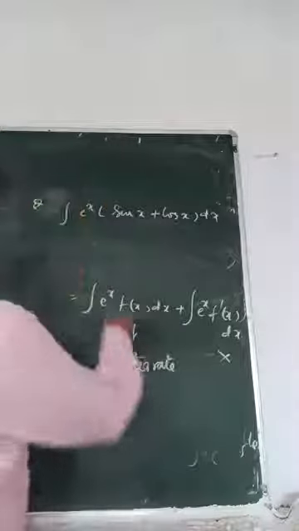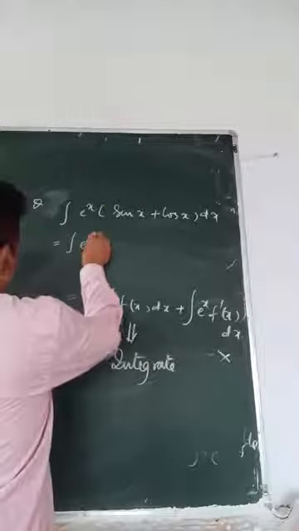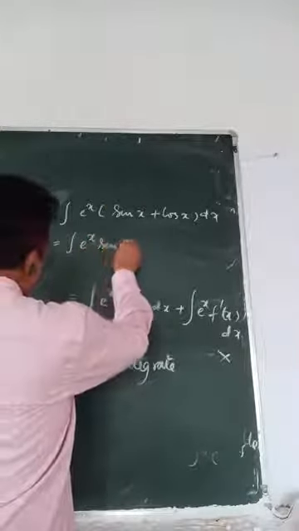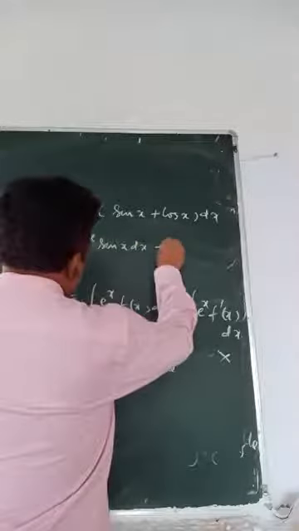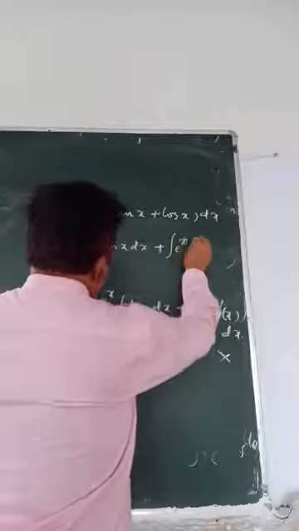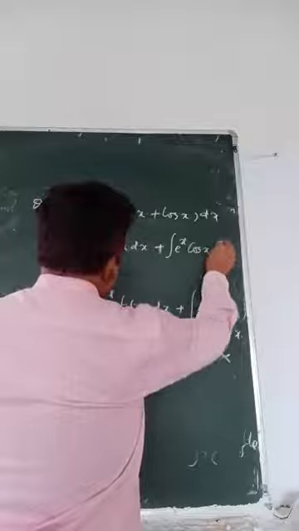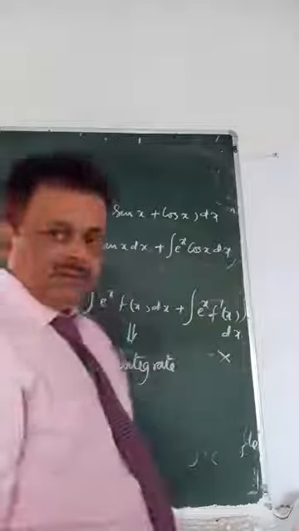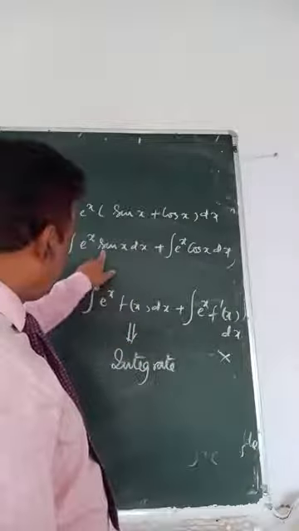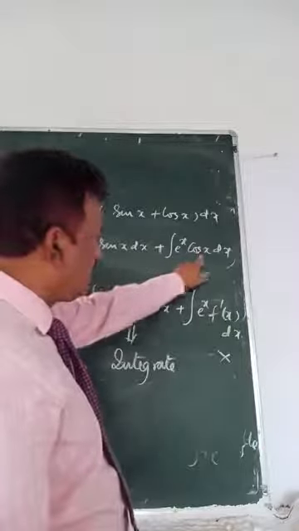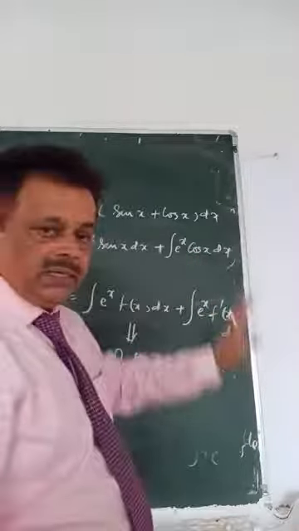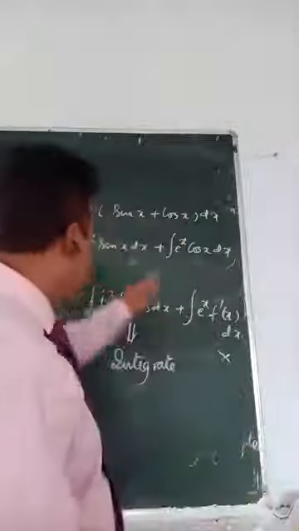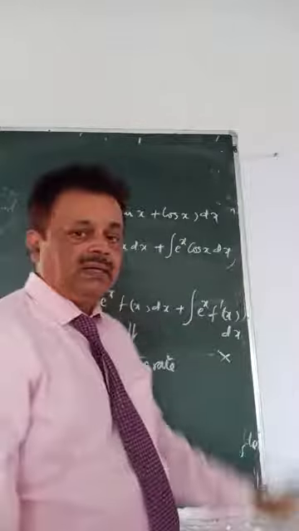So how to do? Now I have to separate e to the power x sin x dx, e to the power x cos x dx. Now you made two parts. I told you here, this part you have to integrate, this you will not integrate. Derivative part you are not going to integrate. If you integrate this will be automatically cancelled.